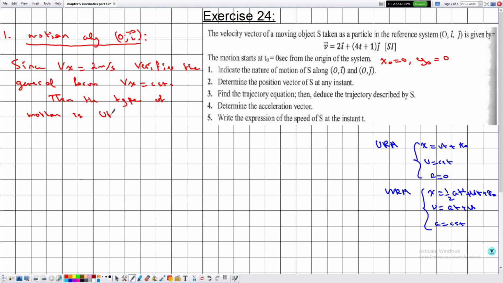Then the type of motion is URM. And now as for the motion along OJ, sorry.